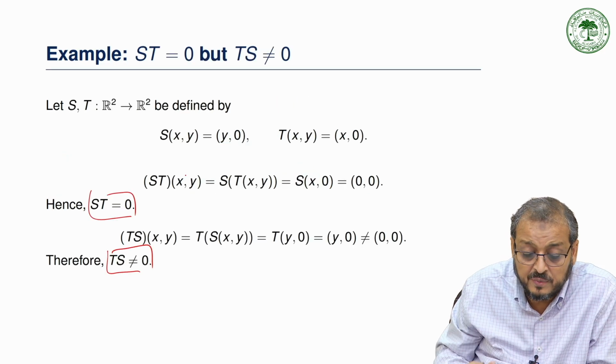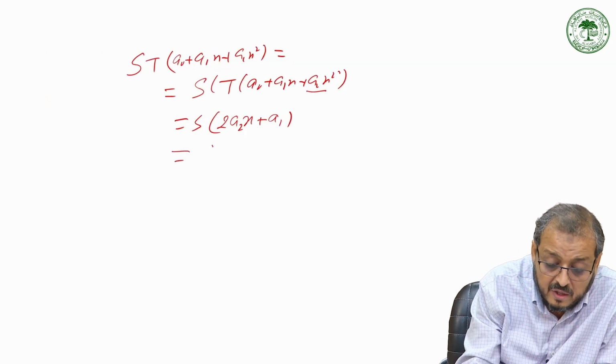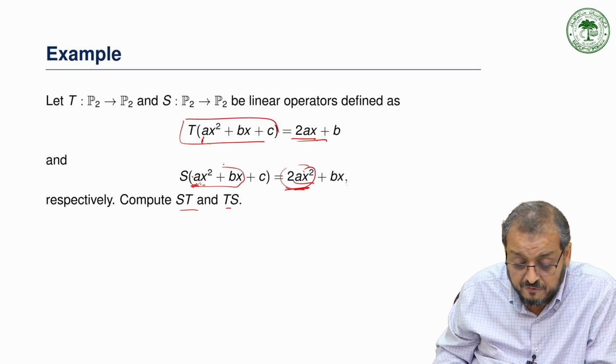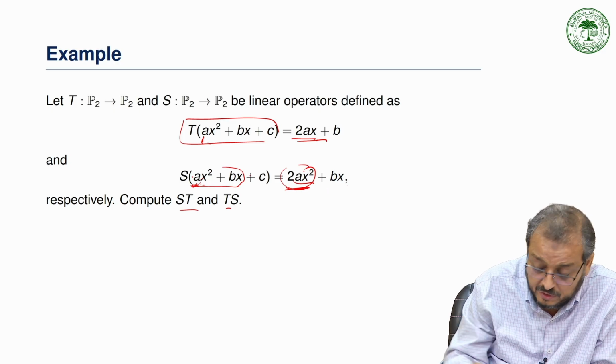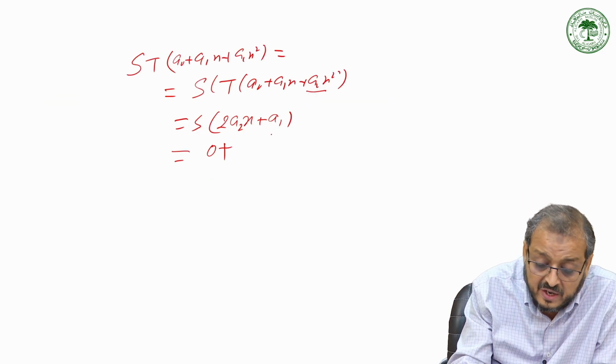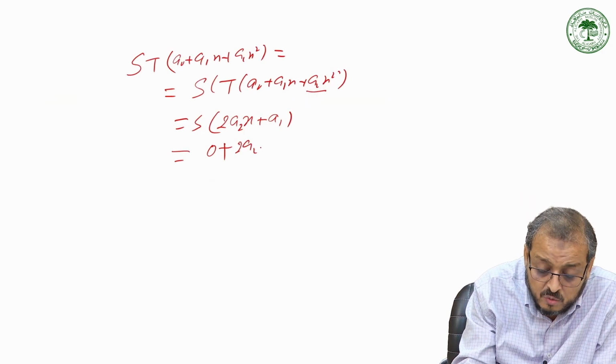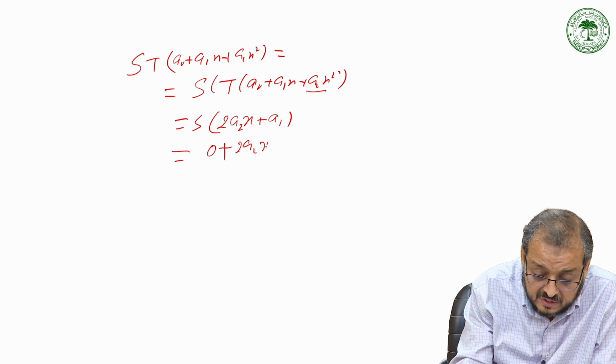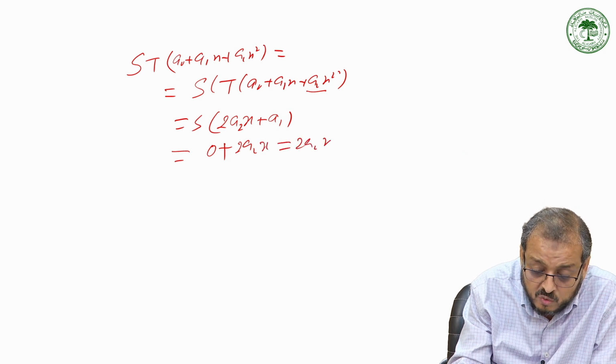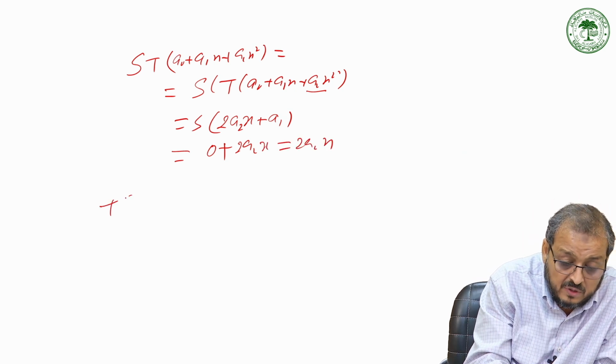So this is 0 plus the coefficient of x, which is twice a2, times x. So this is equal to twice a2x. This is ST.